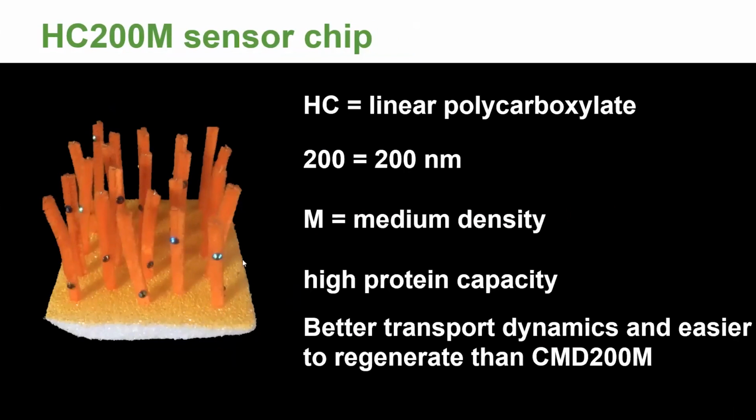It's probably roughly half of the protein capacity of the CMD200M, but it does have a bit better transport dynamics and is a bit easier to regenerate. So for low concentration samples or screening kinetics to moderately small proteins, this is what we would use.